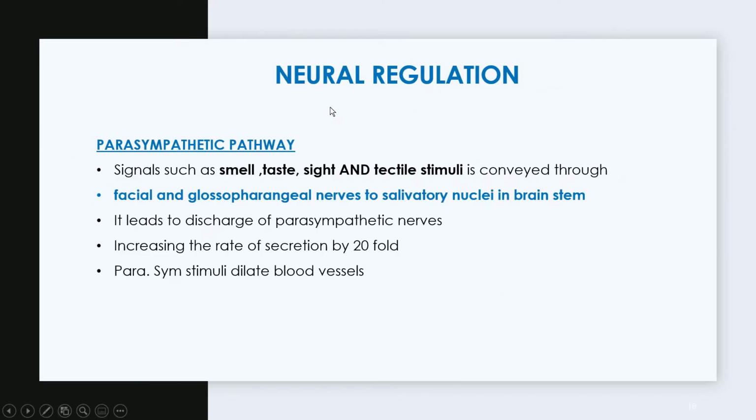Now come to the neural regulation. Neural regulation is basically the powerful side from the parasympathetic pathway. The signals or stimuli are like smell, taste, sight of the food, and tactile stimuli, like when you are putting some hard, crunchy or salty food in your mouth.